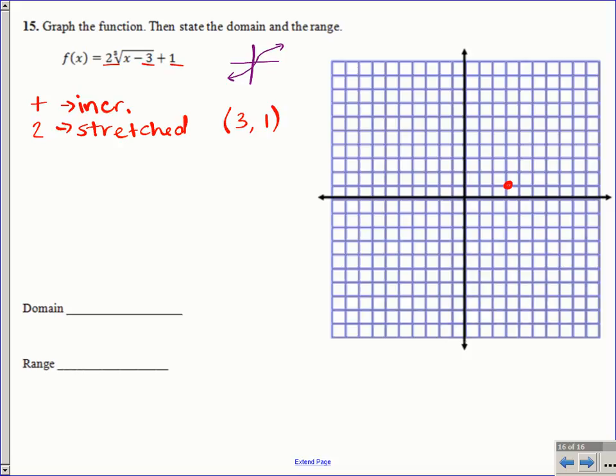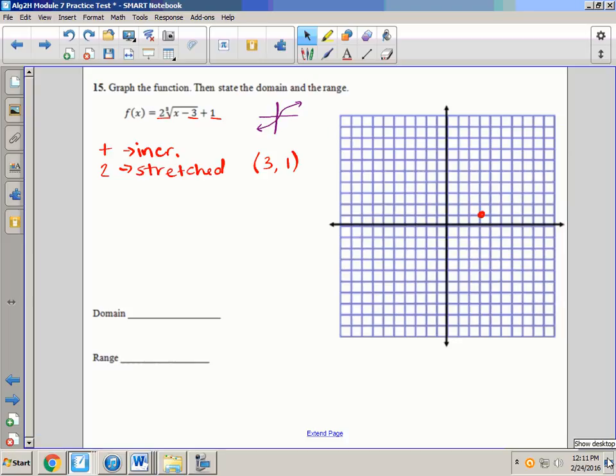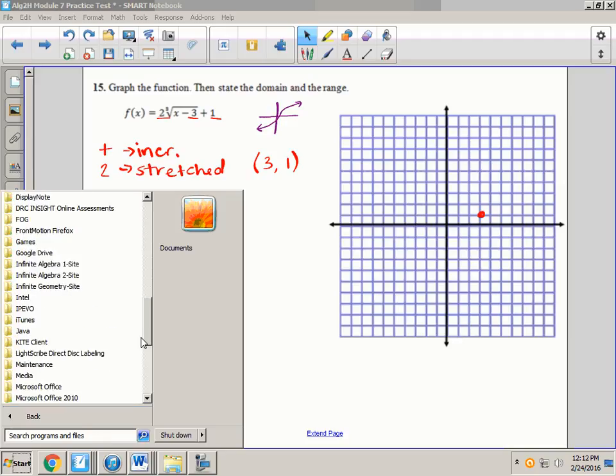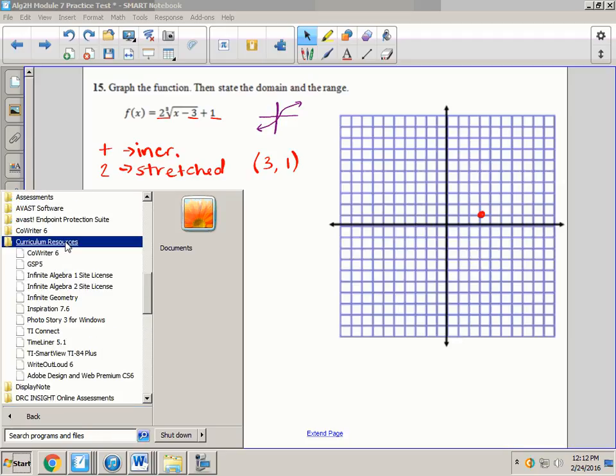Some of you might want to put it in your graphing calculator to get a couple extra points. So I'm going to quickly review with you how to do that. Open up your graphing calculator, and this might take me a second here because I didn't have it ready to go.